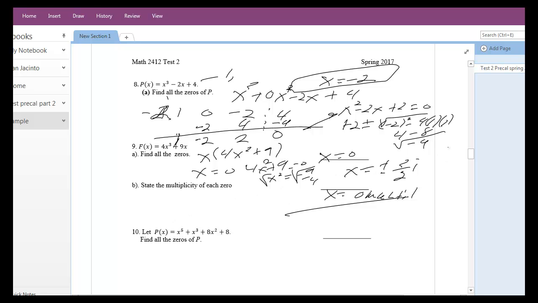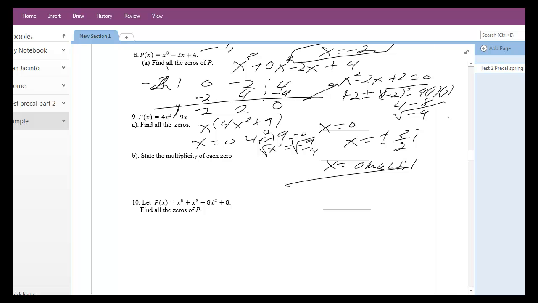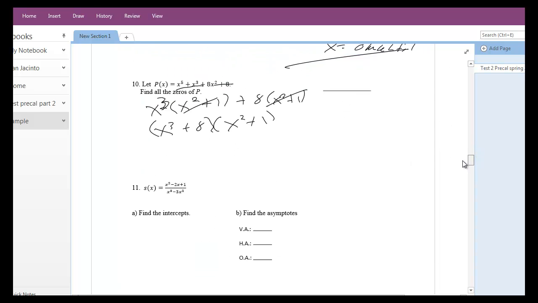Find all zeros. Anytime you see 4 terms, you get excited. Try to factor out something in common. I'm going to pull out an x cubed. I have x squared plus 1, plus 8 times x squared plus 1. Kill the twins. I have x cubed plus 8 times x squared plus 1. You've got to go back and remember how to factor the sum of 2 cubes.